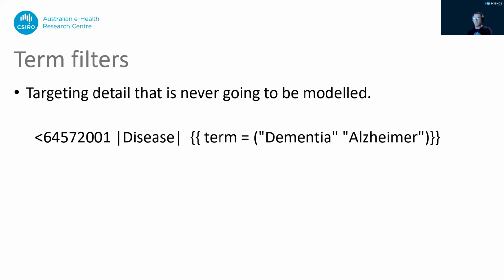It's also really useful for targeting detail that's never going to be modeled, or at least isn't modeled at the moment. An example might be the organic brain diseases, so things like dementia and Alzheimer's that are really hard to model in the current concept model. If you know that the things that you're interested in are going to have the words dementia or Alzheimer's in them, this is a really useful way to get those in.